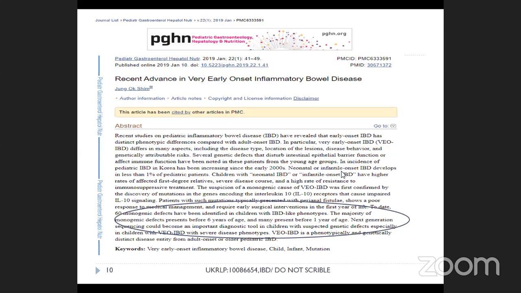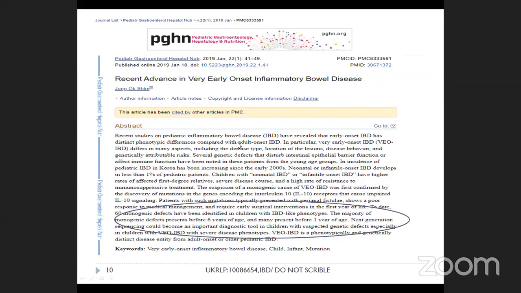This is called very early onset inflammatory bowel diseases. In this group, even patients under the age of 1 are diagnosed with IBD, and it is otherwise called neonatal or pediatric childhood inflammatory bowel disease.